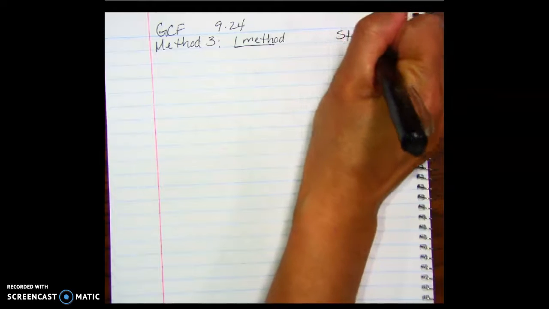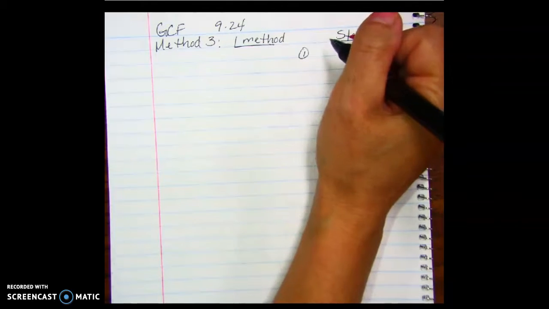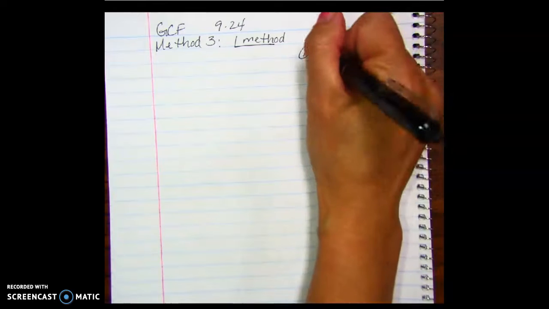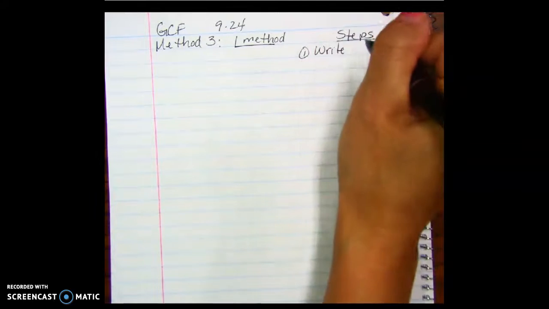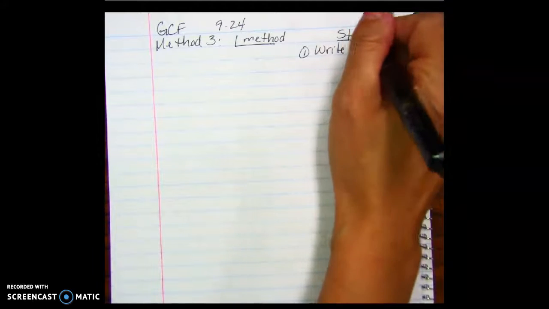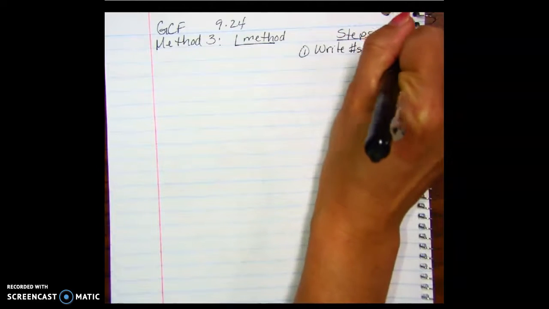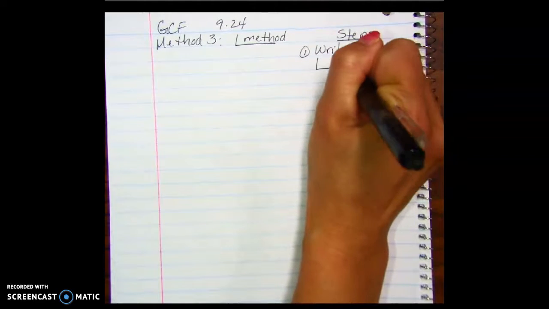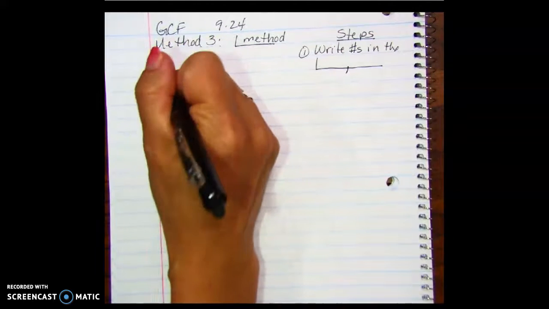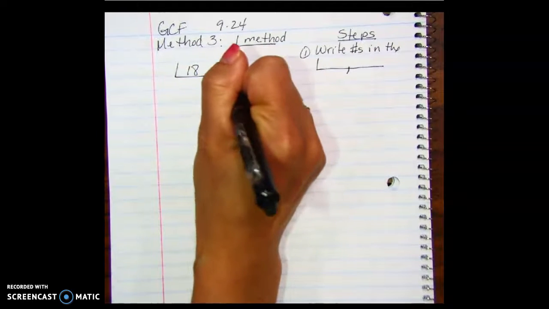Because this is a new way to do it, I'm going to have you write the steps. The first step in our L method is to write your numbers in the L with a comma in, okay? So we said it was 18 and 24.